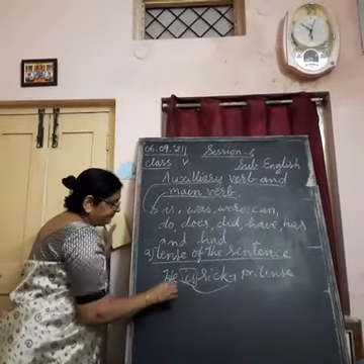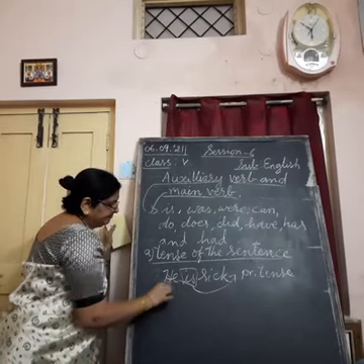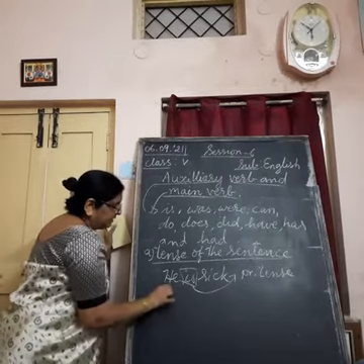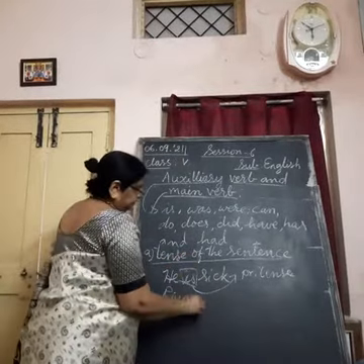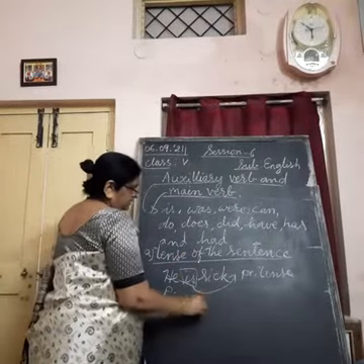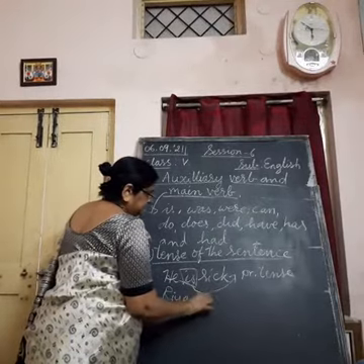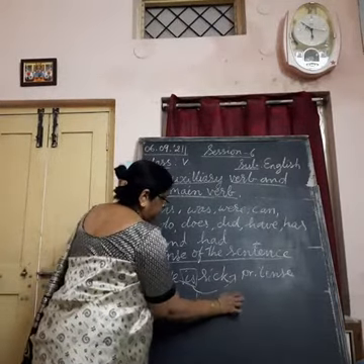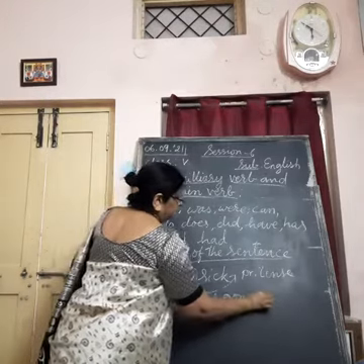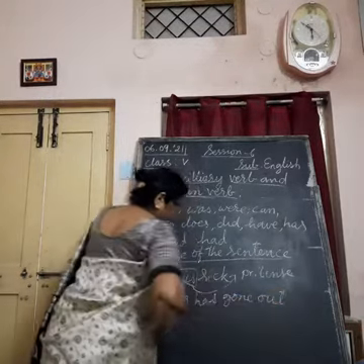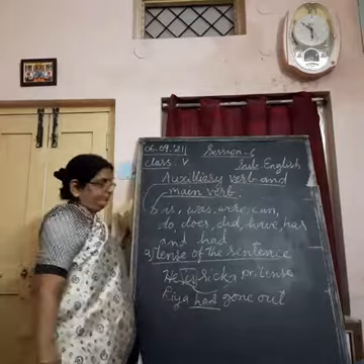Second, Ria has gone out. So, here has is the auxiliary verb.